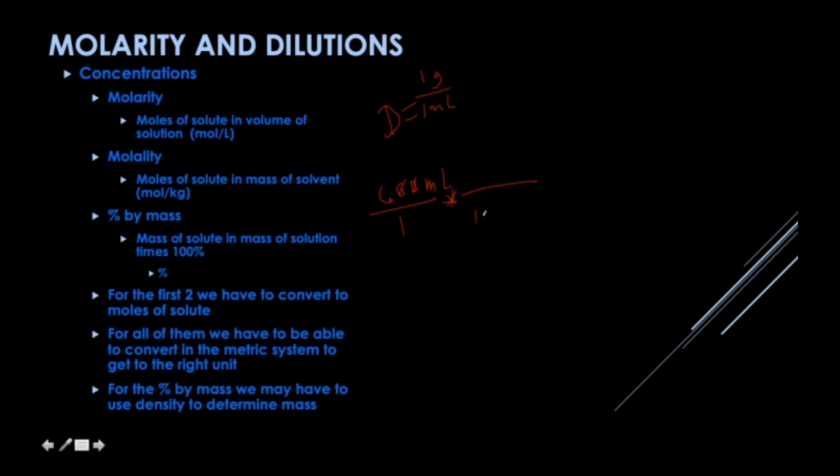For every 1 milliliter, there's 1 gram. So I should have 600 grams, because my milliliters would just cancel. So it's 600 grams of water. Now, different liquids will have different densities, so it's not always this easy to do a 1-to-1 ratio, but that's why water is so amazing. And we love water because water helps us out like this.